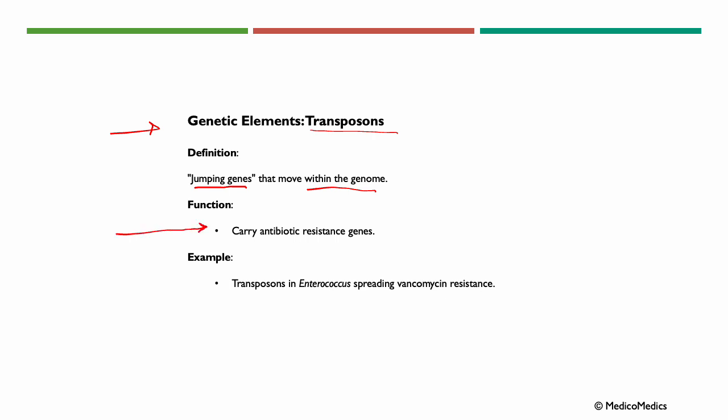An example of a function is that many transposons carry antibiotic resistance genes, allowing bacteria to survive antibiotic treatment. Some transposons also contain genes encoding toxins or virulence factors, which enhances the pathogenic potential of bacteria.